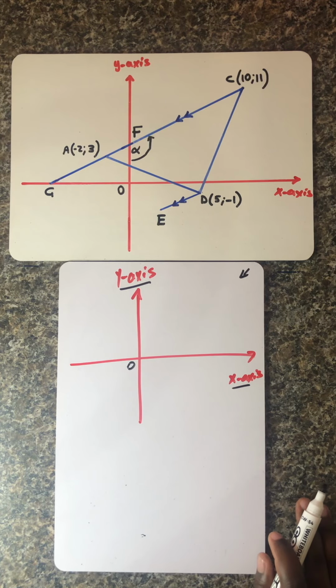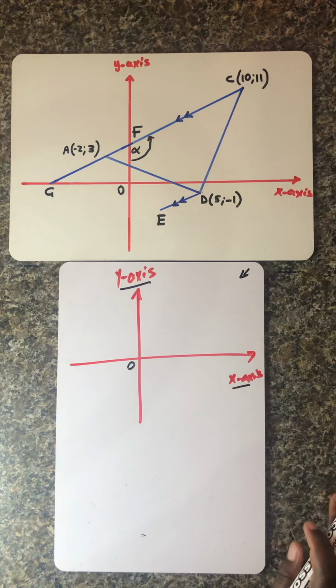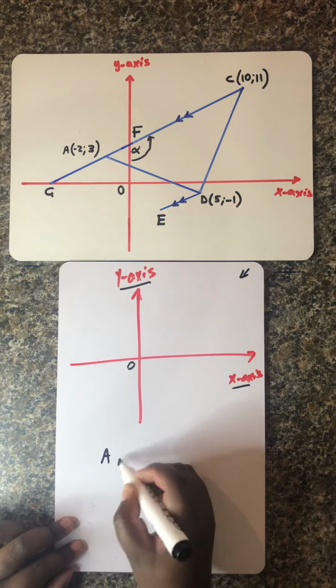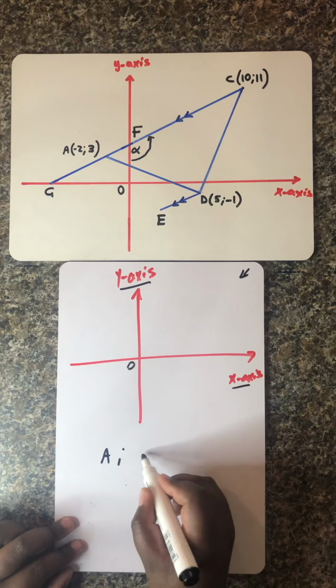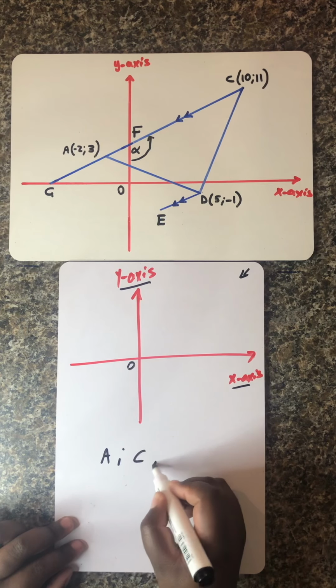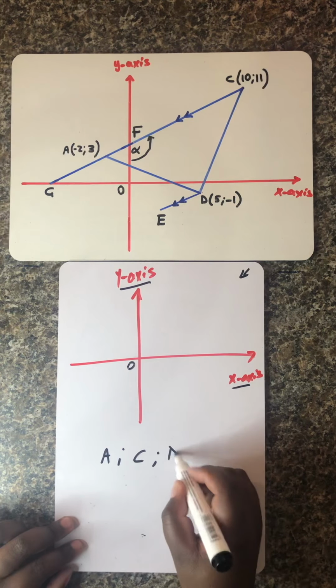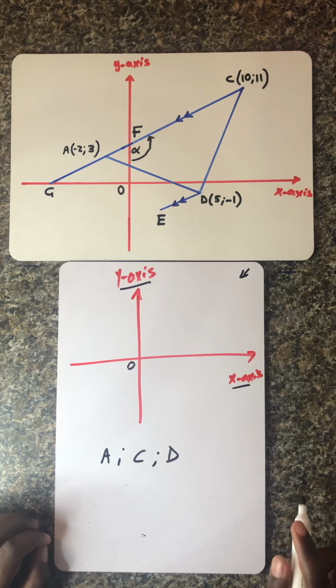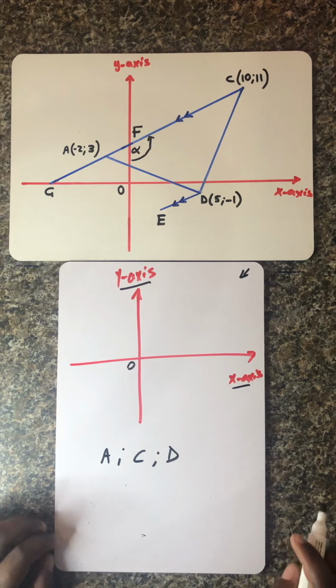So guys, as you can see in the diagram, we've got 3 known coordinates. What are those coordinates? It's A, it's C, and it's D. Very much important that you point those given coordinates.